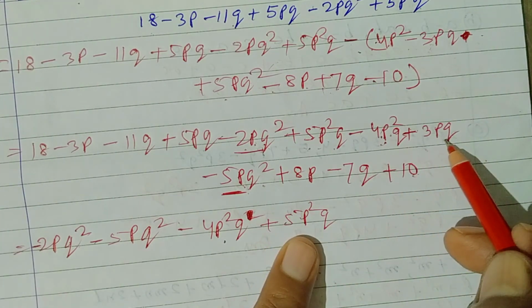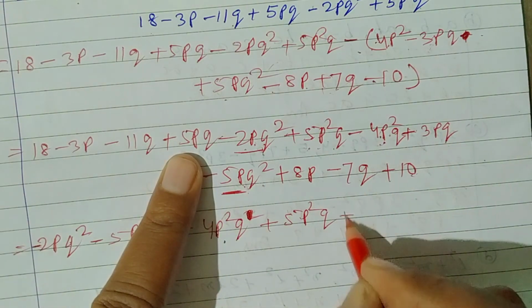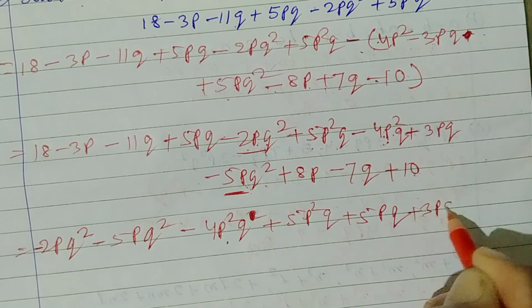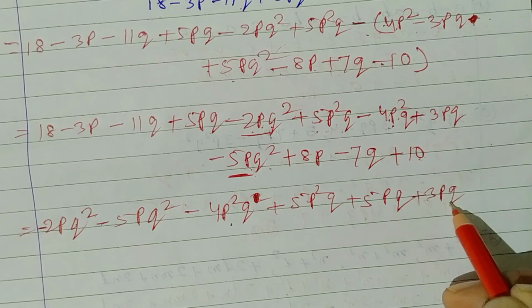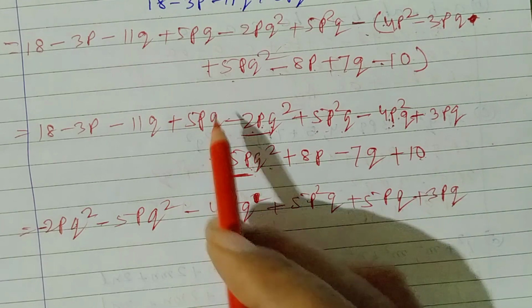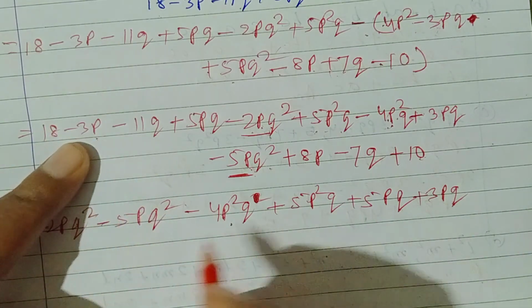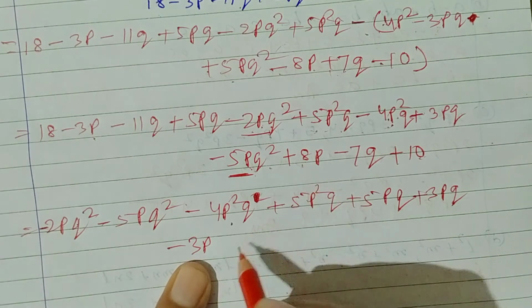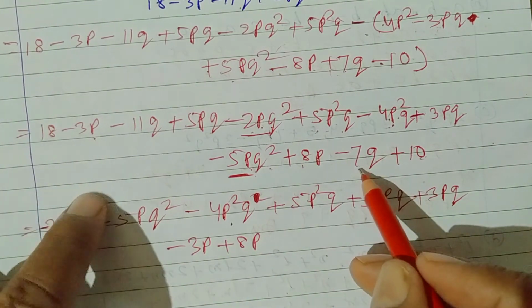Okay. After that pq, plus 5pq plus 3pq. After that what is left? The pq part I have written. Then minus 3p, minus plus 8p. After that the q part is left.